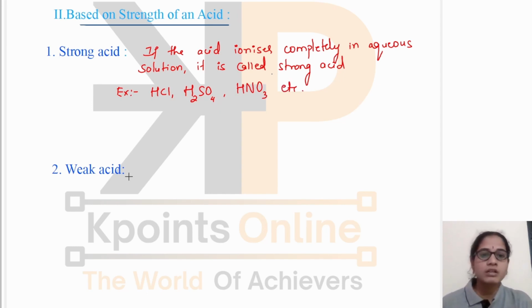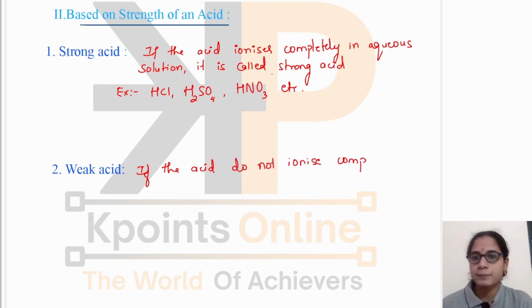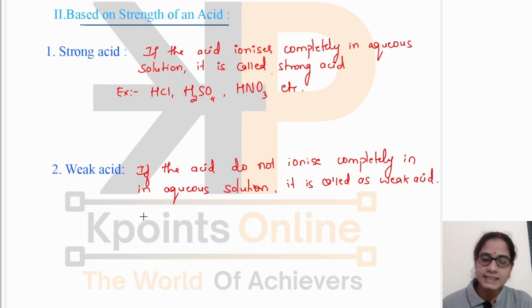Then weak acids are those which do not ionize completely in aqueous solution. For example, acetic acid, CH3COOH.